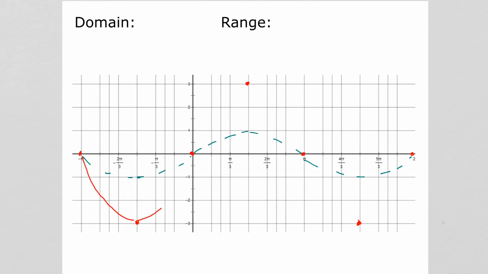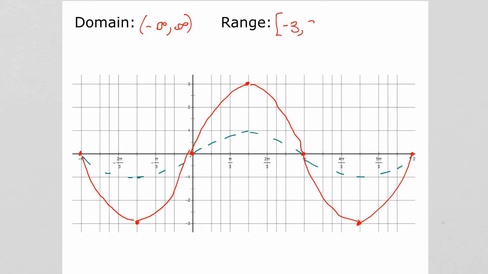So it looks something like this. What's the domain? All real numbers. What's the range? Starts at -3 and goes up to 3.